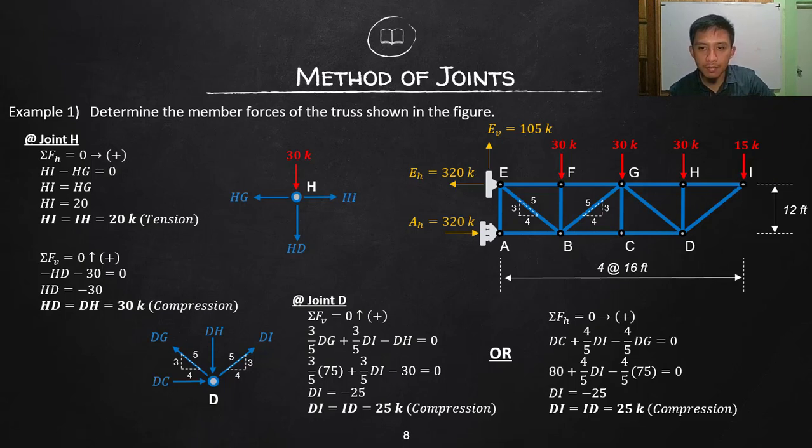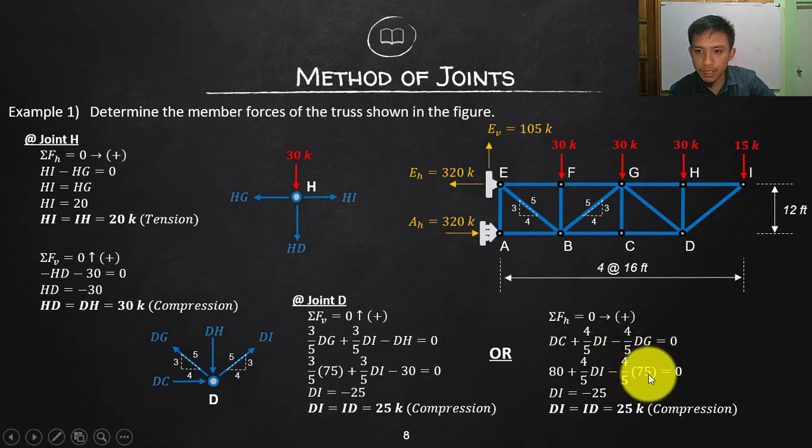However, let's first solve the pair equation of that. So instead, let's say I will consider horizontal. I should end up with the same as this. Summation of all the horizontal: this is going to the right, so positive. The component of DI is to the right, so 4/5 of DI is positive, and this is to the left, so 4/5 of DG is negative.